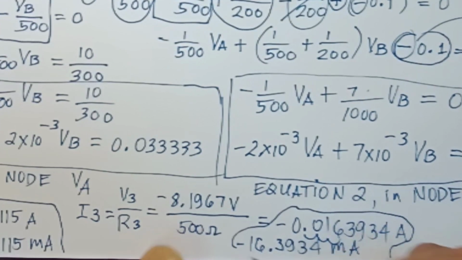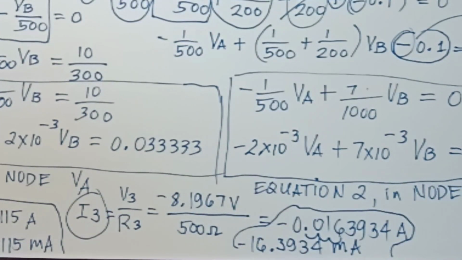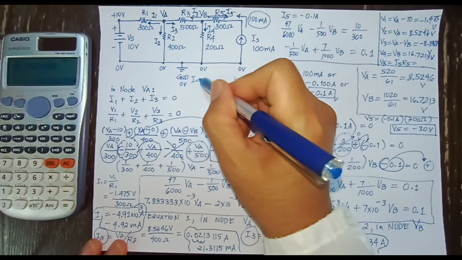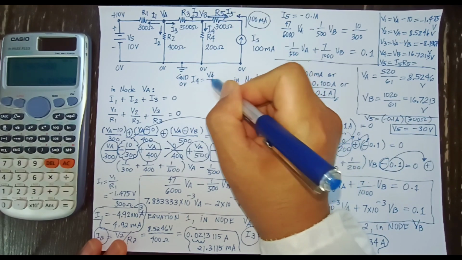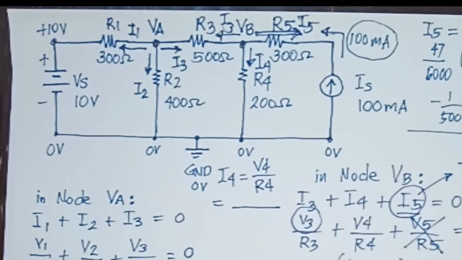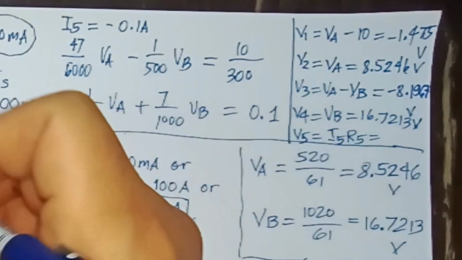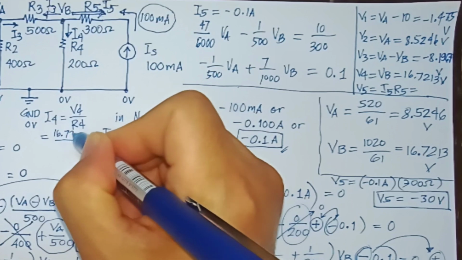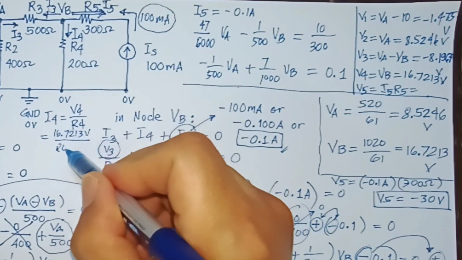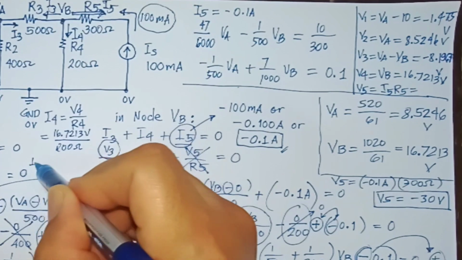2 more currents. Let's look for some space over here. Let's put I4 is equal to V4 over R4 by Ohm's law. So V4 is equal to 16.7213 volts divided by R4, which is 200 ohms. And let's use the calculator to divide this again.